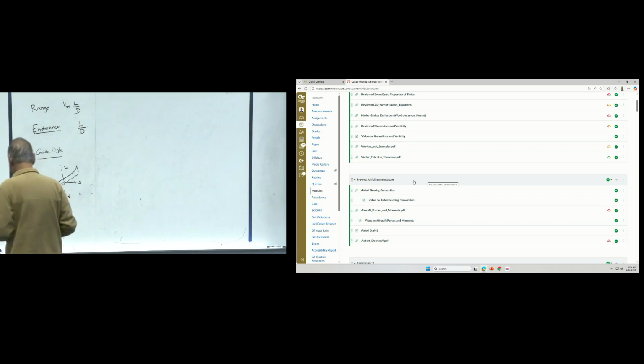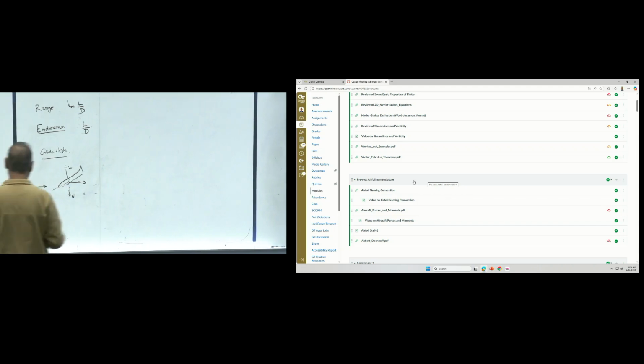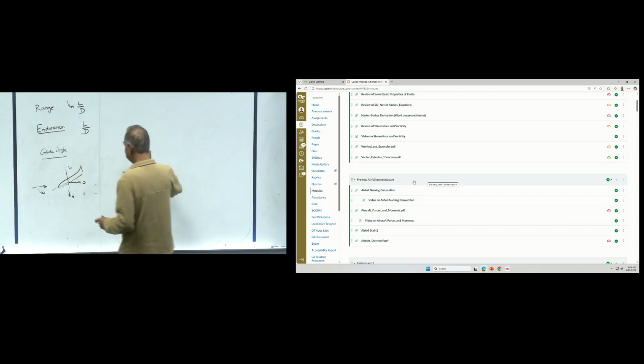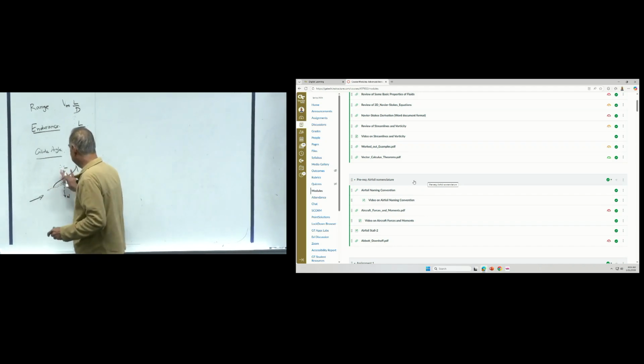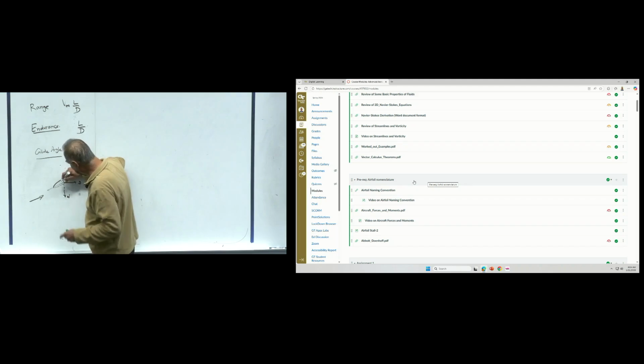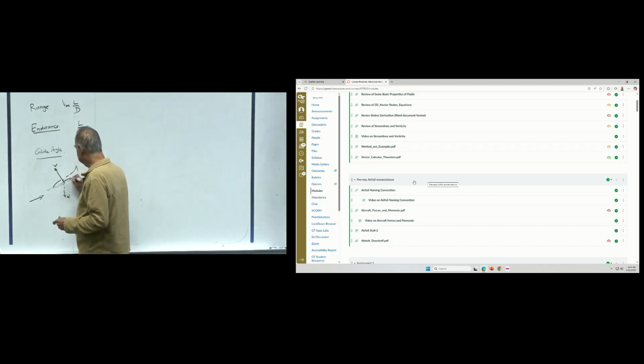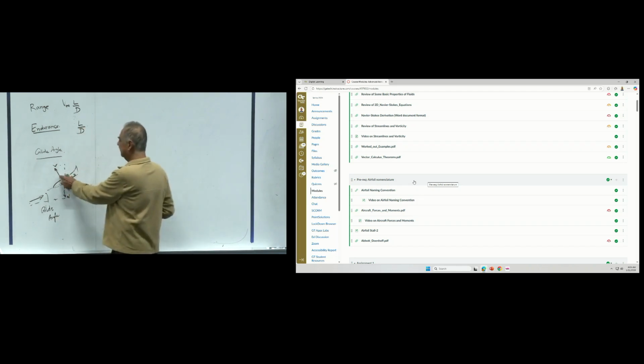So if you look at it, I'm sorry, the aircraft is traveling this way. So the L is perpendicular to this; this is the lift, this is the drag. This angle is the glide angle, which will be the same as this glide angle.